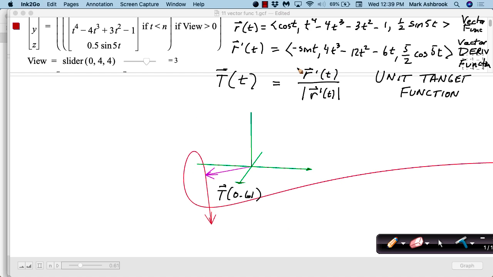You'd find the value of the derivative vector, divide by the magnitude, all of that when little t is 0.61. That would give you three numerical components, an x component, a y component, and a z component, for this particular vector. Take all those vectors for all t's, and that's the unit tangent function, right? That's what I'm showing you when I start the animation again.